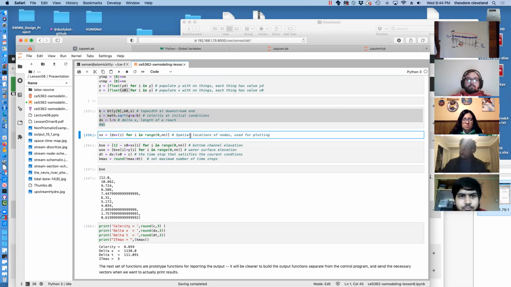Next, we'll compute bottom channel elevations. I started at 12. Okay, so I have a bottom channel elevation, and we're flowing from left to right. I've declared the left end at elevation 12, and working our way to the right, we get almost down to 0.